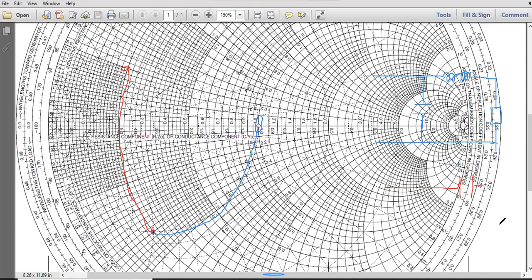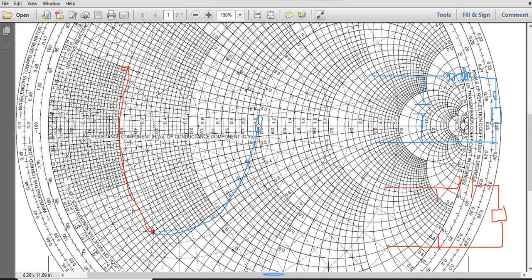This is your ZL, and the second element will be from here. This is on the Y circle. Y circle you are going, so it will be parallel. What will be the element? In Y, you are going clockwise or anti-clockwise?